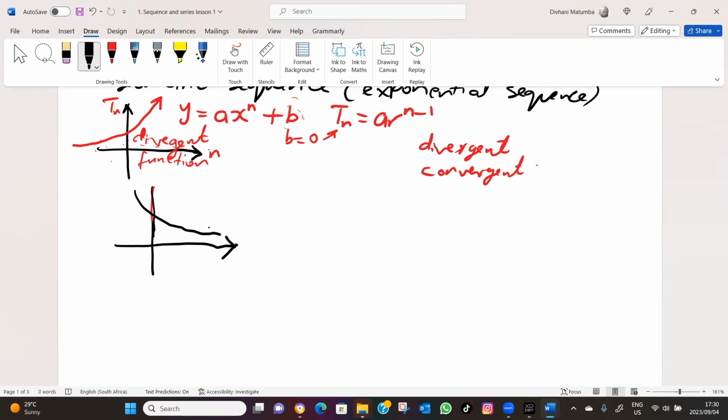As your n value increases, this graph moves closer and closer to your asymptotic line. That is why we call it a converging function.